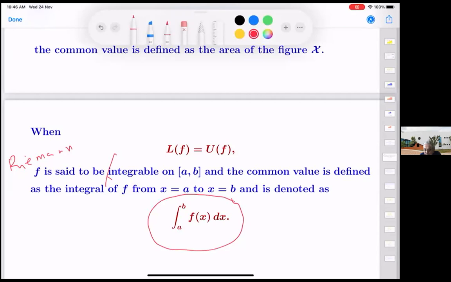Okay, and this is the integral. The thing is about what happens when the function is not continuous, or not bounded, or what if our a to b is an infinite interval. All these things are useful in some applications, and then various notions may differ.